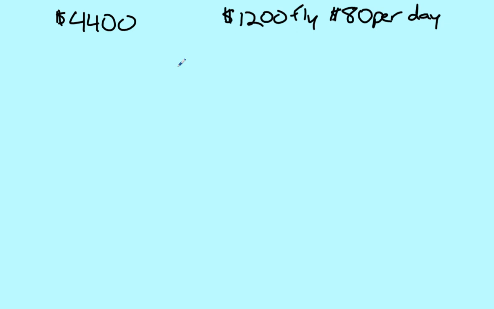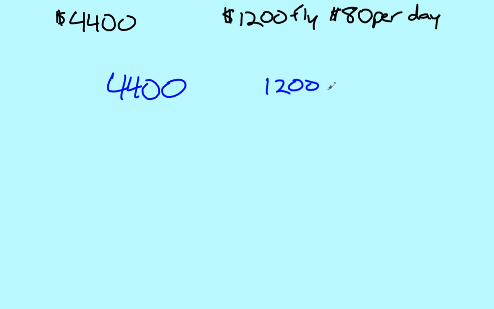So we consider what they have to spend and what they're going to spend it on, and we're going to put them on opposite sides of our inequality. So we're going to say $4,400. That's all the money they can spend. And then on the other side, the money they did spend, so they spent $1,200. They spent that one time, and that's it.